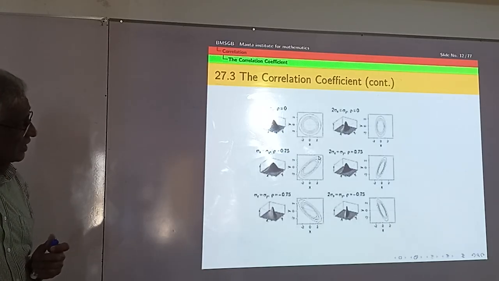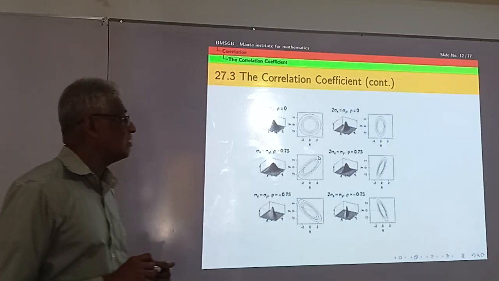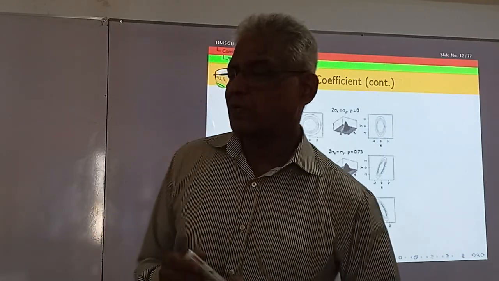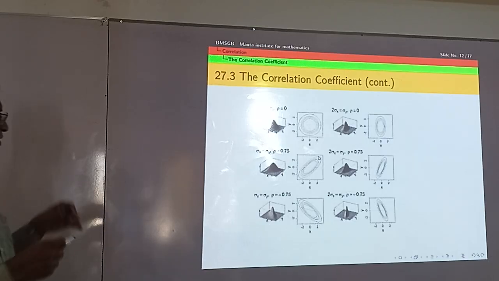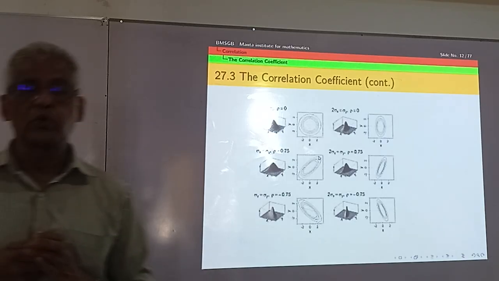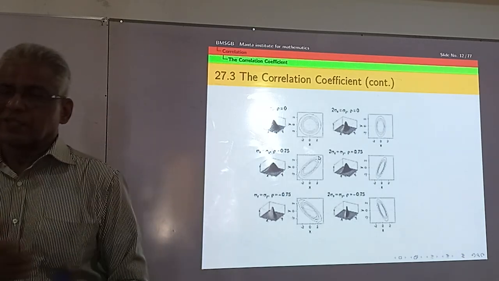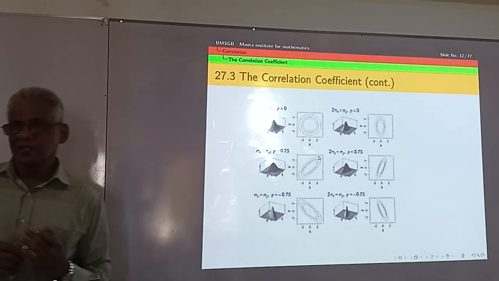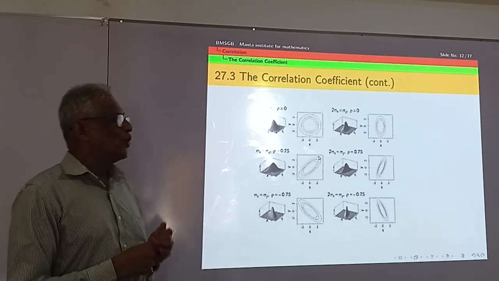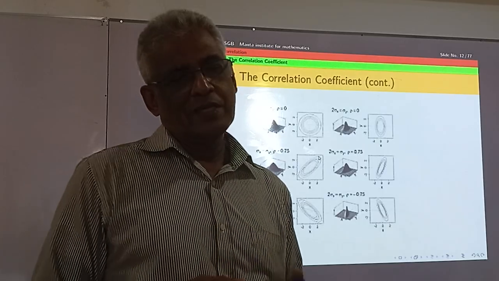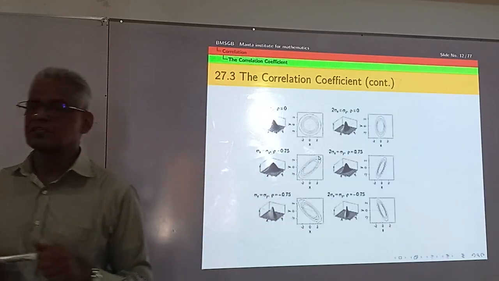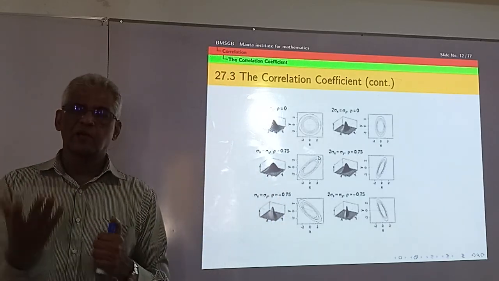I have seen in many research papers that when people want to test whether rho is equal to 0, they carry out a t-test without checking whether the data have a bivariate normal distribution. That is completely wrong. In research papers, once the test is done, the output gives a p value.